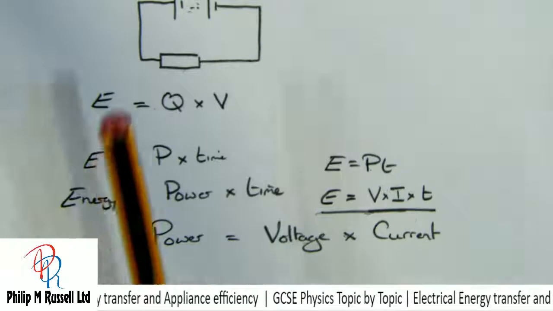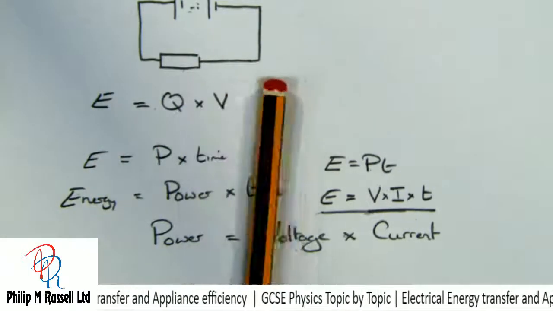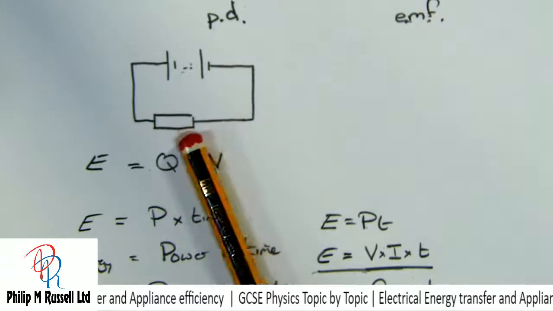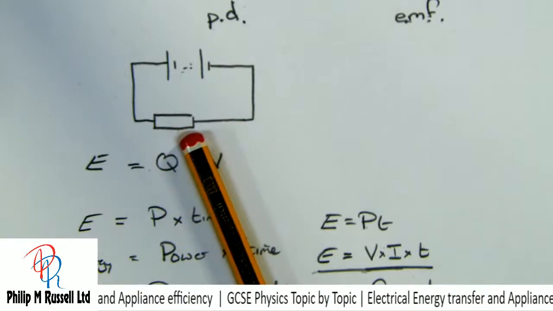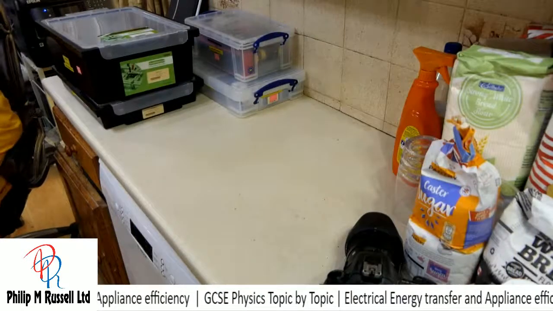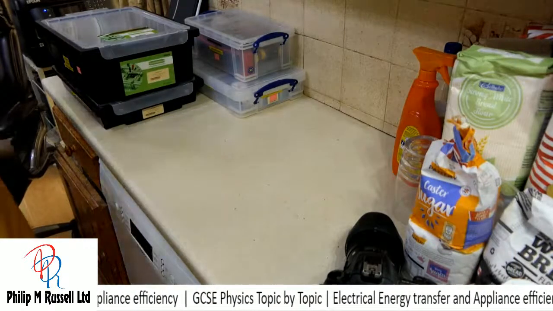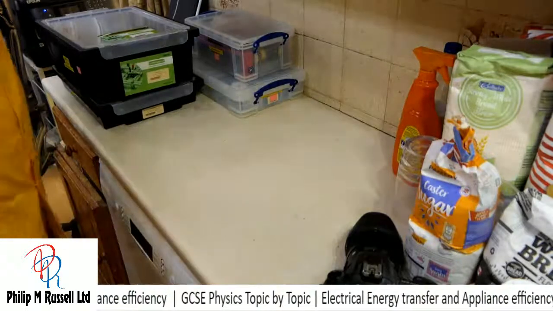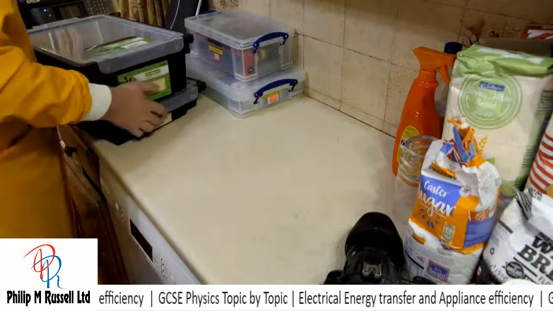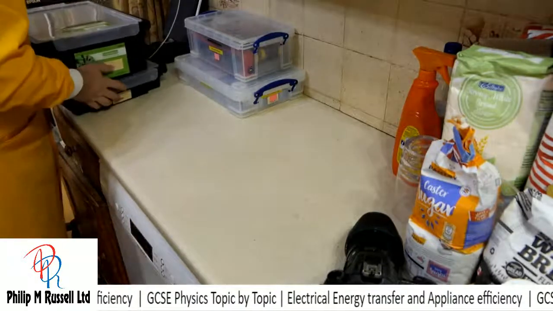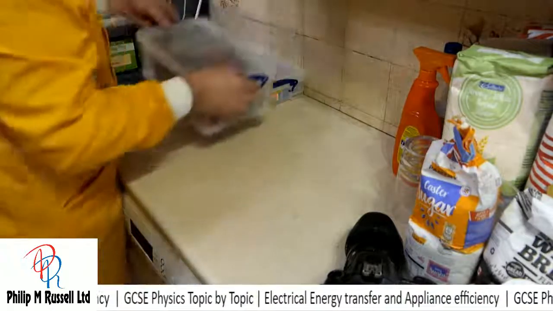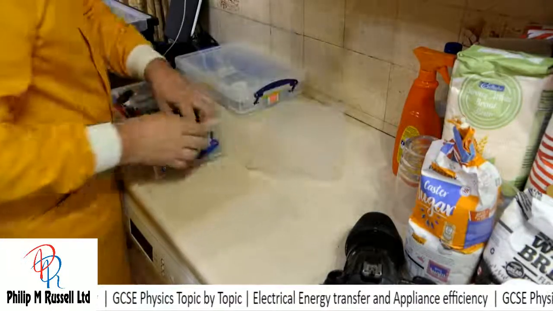Let's look at this little circuit here where we're trying to put electricity into a resistor. And what I've got, a load of bits and pieces here to have a look at, and let's have a look at them bit by bit. Now, let's start with the easy experiment.